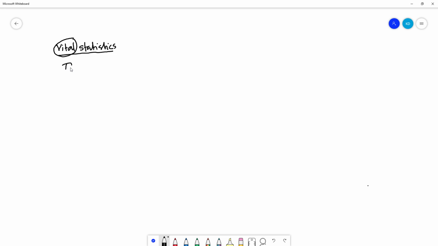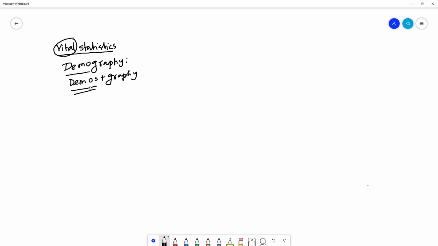What is demography? Demography, demos plus graphy is equal to demography.